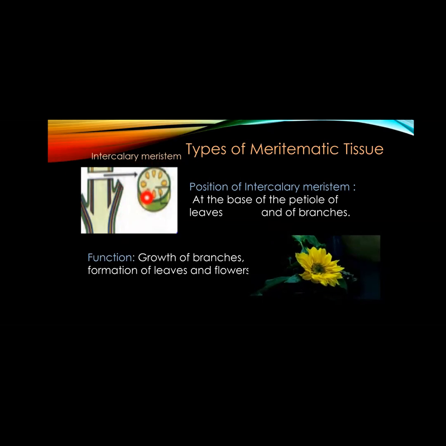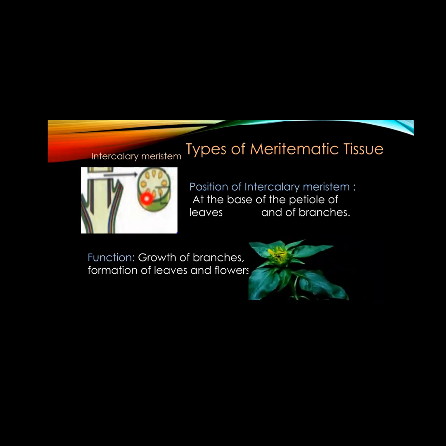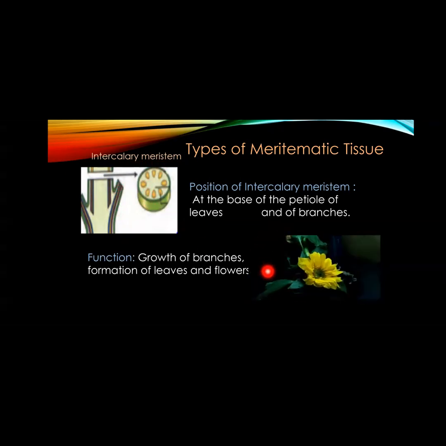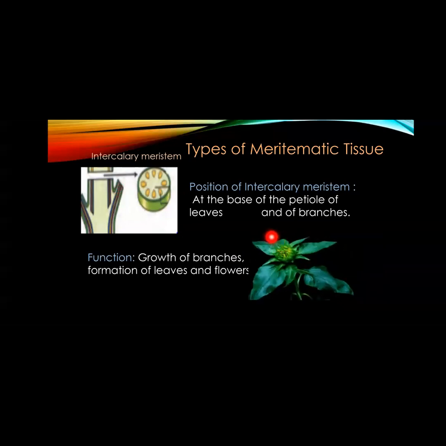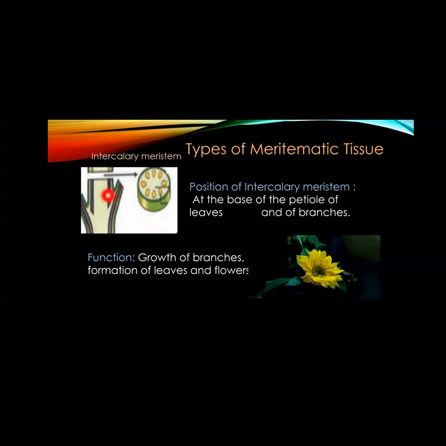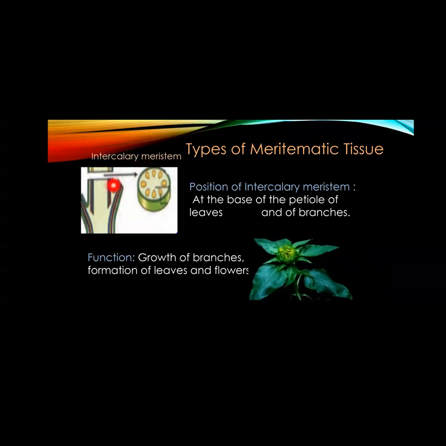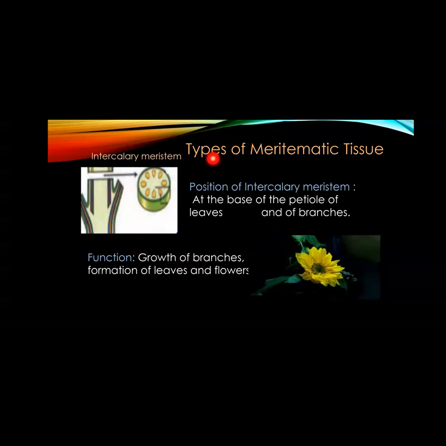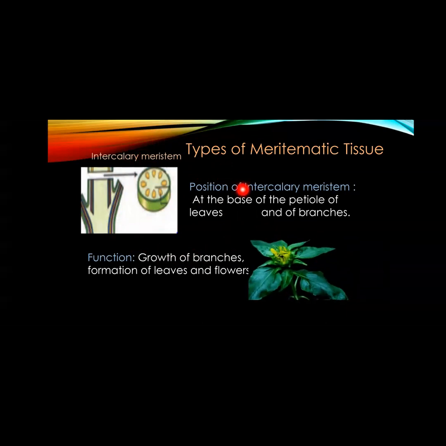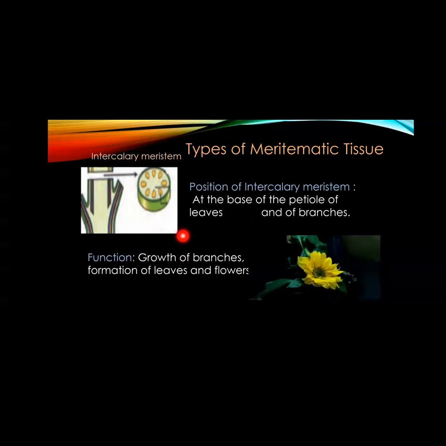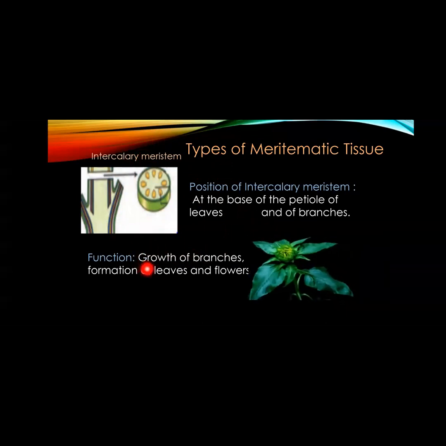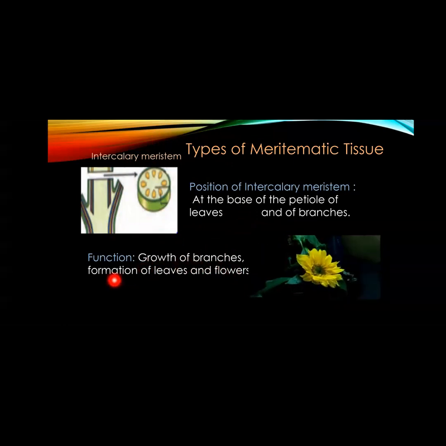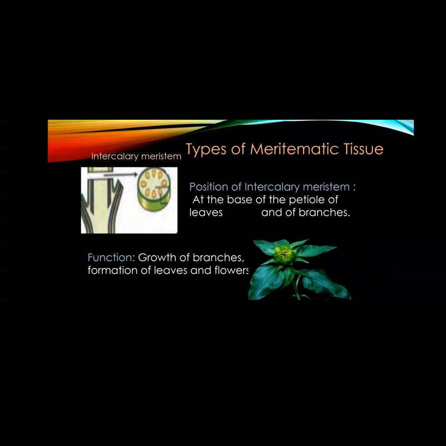If you observe in case of plants, the buds or the flowers usually grow either at the tip or at the axil, at the nodal region of the plant. Why? Because of the presence of intercalary meristem. So, intercalary meristem is responsible for growth of branches and formation of leaves and flowers.